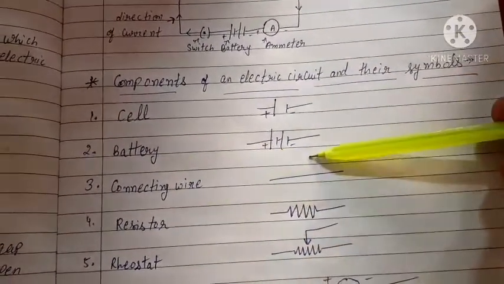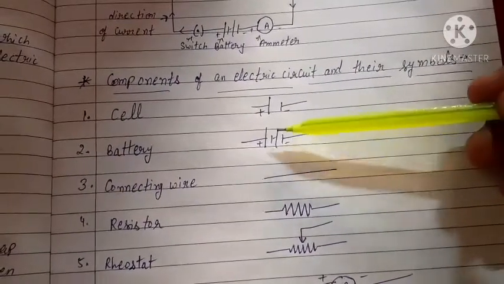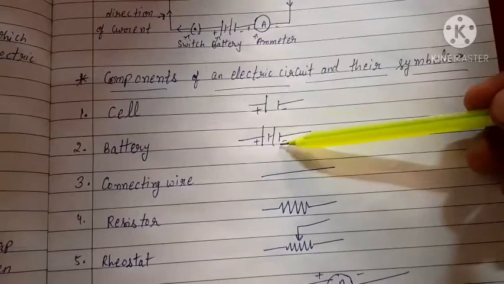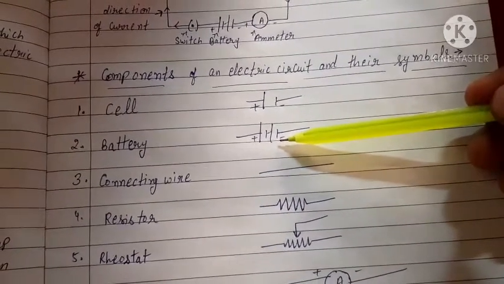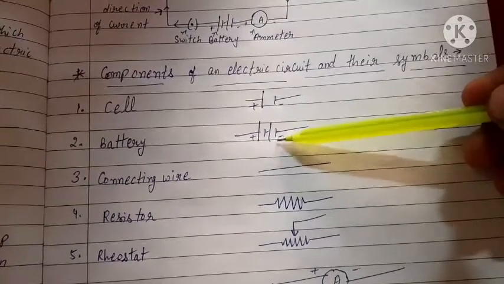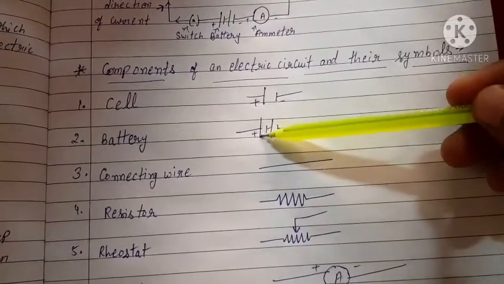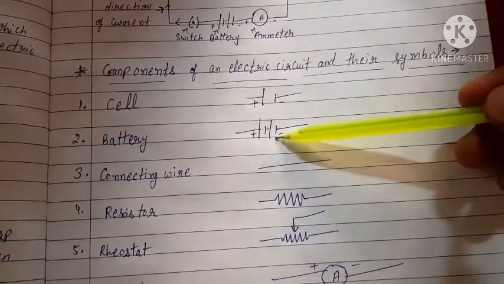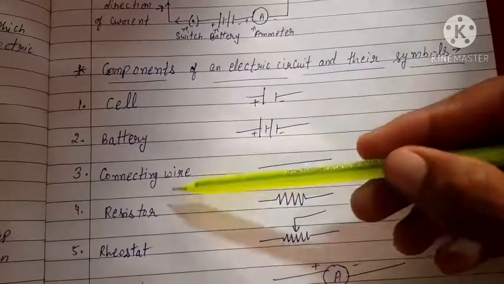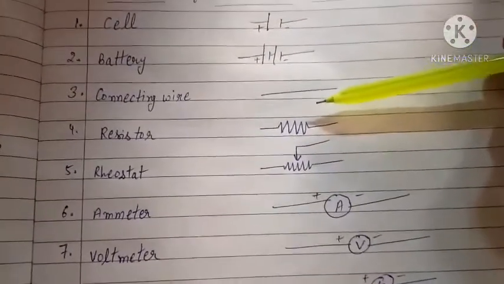Now the second is battery. As we know, a battery is a combination of cells. Now you can see that there are two cells in this battery. So a battery may contain two or more cells. Same thing here: the positive terminal will be represented by the longer line and the shorter line will represent the negative terminal. Connecting wire can be represented by drawing a simple line.